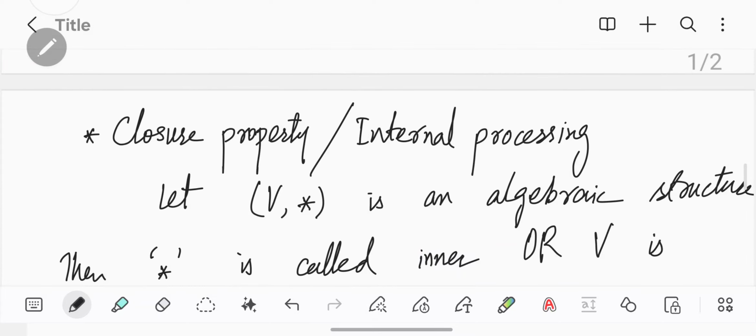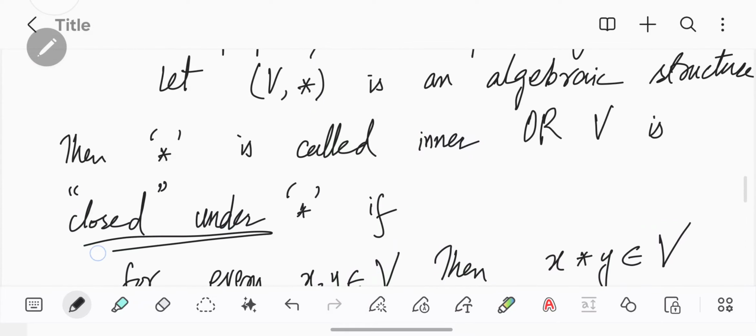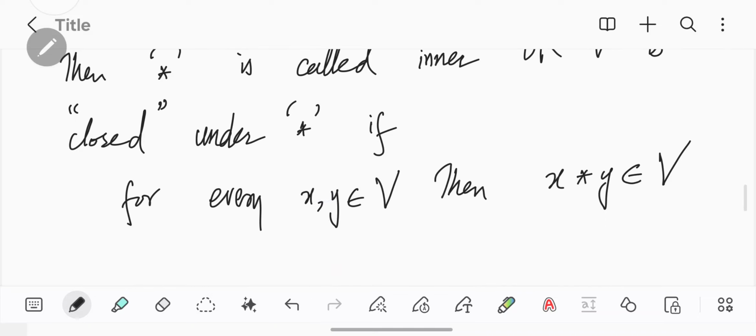That's why it is called the closure property. That means V is closed under star if for every pair of elements in V, the new element you get after applying this operation to x and y is also in V.